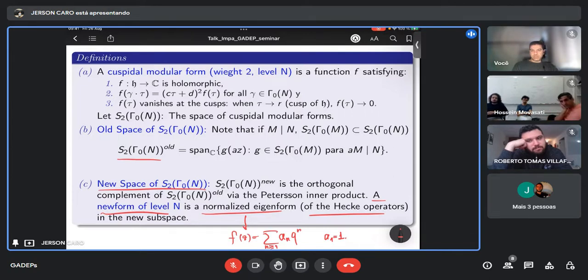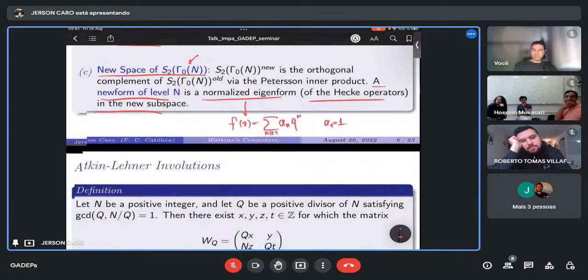And an eigenform is an eigenvector of all of those operators. Okay, and a newform is a normalized eigenform in the new space, the orthogonal complement of the old space.